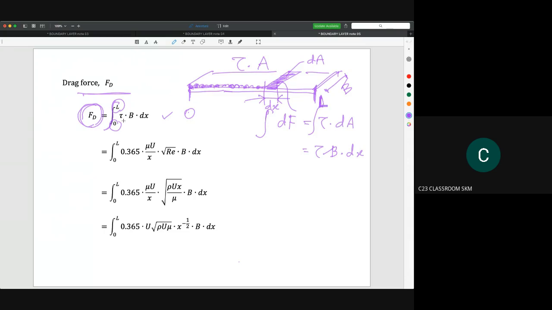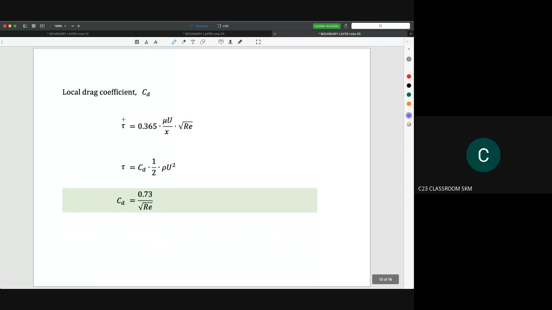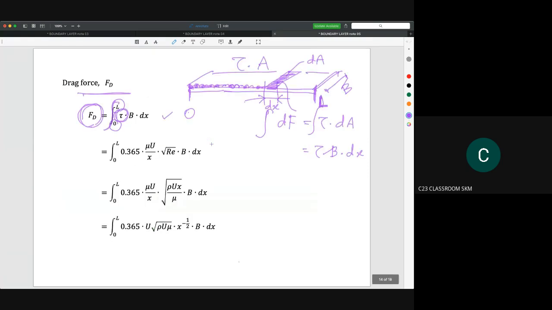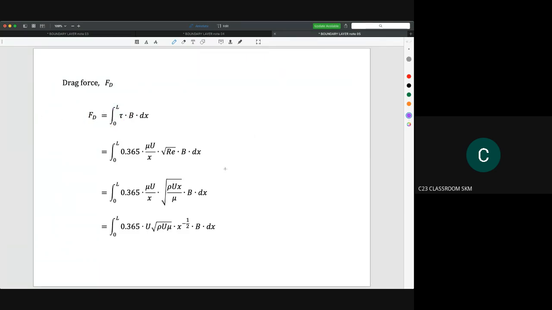We substitute the value of shear stress that we got from the previous calculation into the equation, and then we solve it.